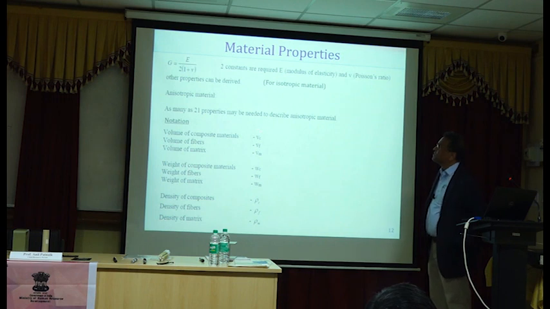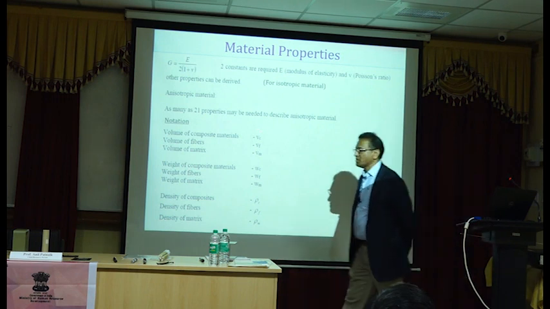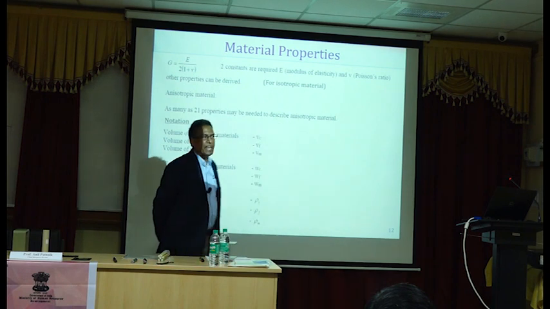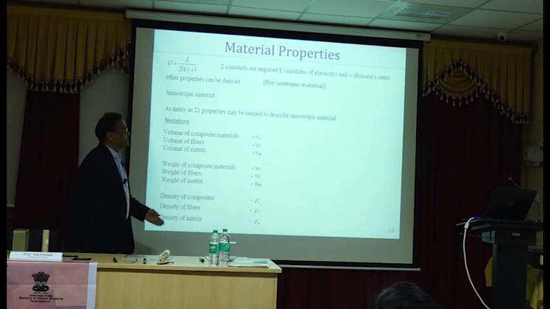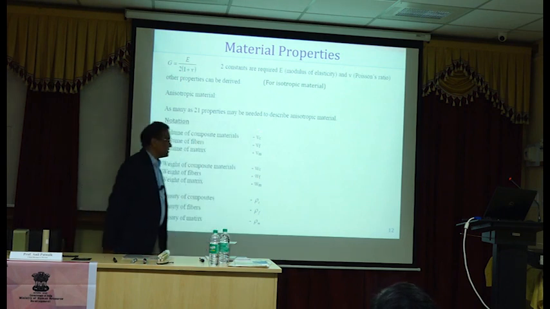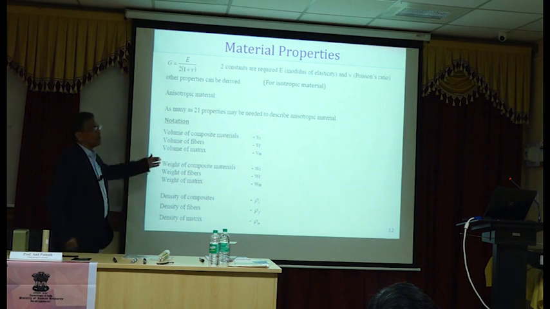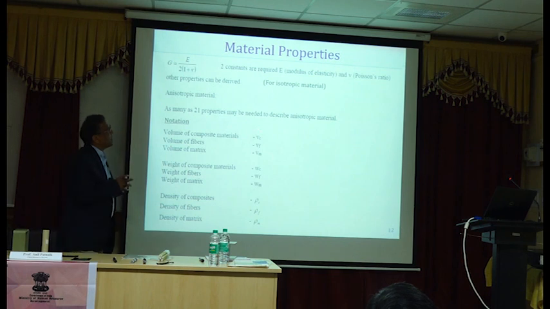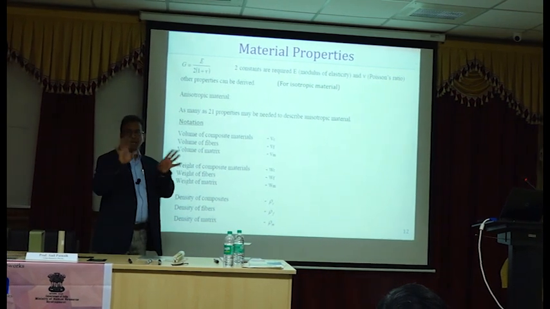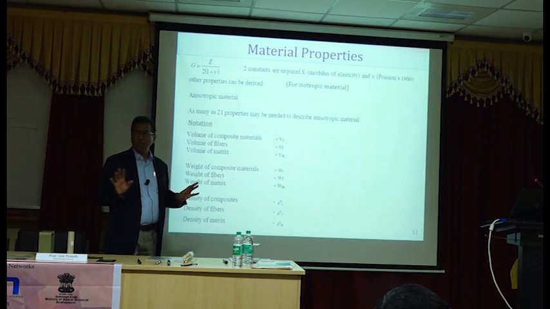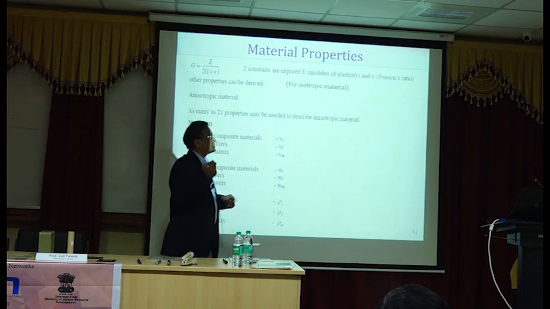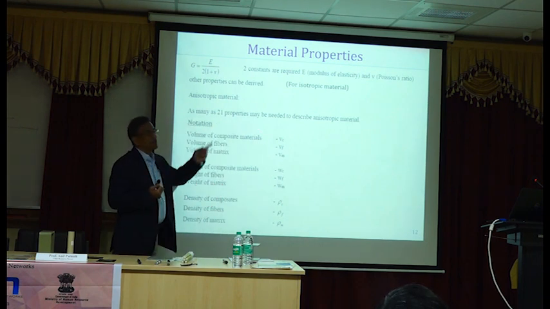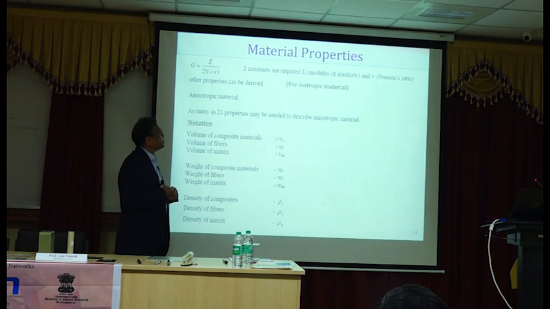For these derivations, bear with me, we will deal with mechanics just for a little while, in which case we will use all these equations with some of the notation that I am going to use here. So if you have an isotropic material that has same properties in all directions, that's isotropic material. All that you need is two constants. One is E and the other one is Poisson's ratio nu, right?